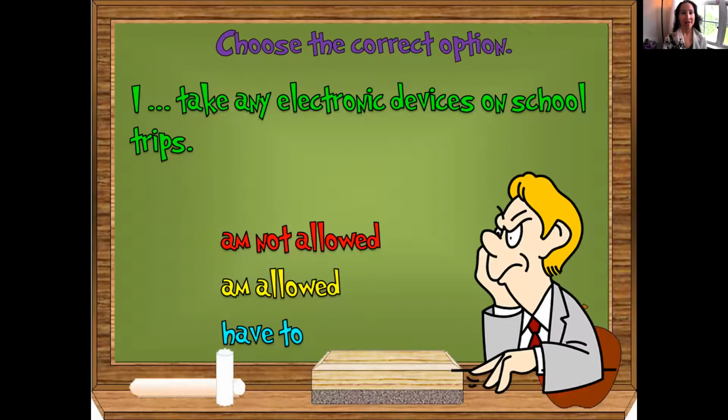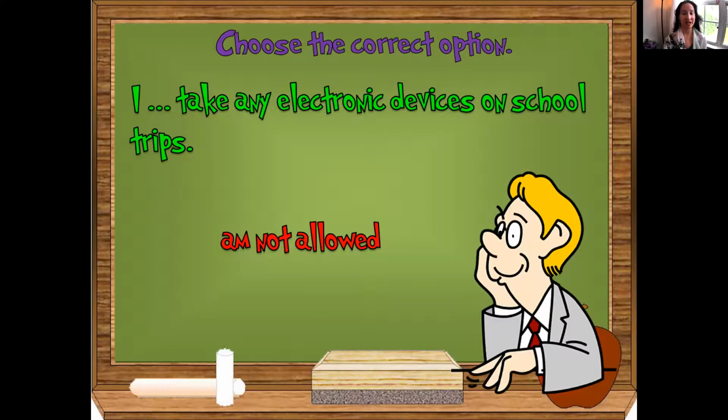I blank take any electronic devices on school trips. I am not allowed to take any electronic devices on school trips. I am allowed to take any electronic devices on school trips. I have to take any electronic devices on school trips? Which one? I am not allowed to take any electronic devices on school trips.